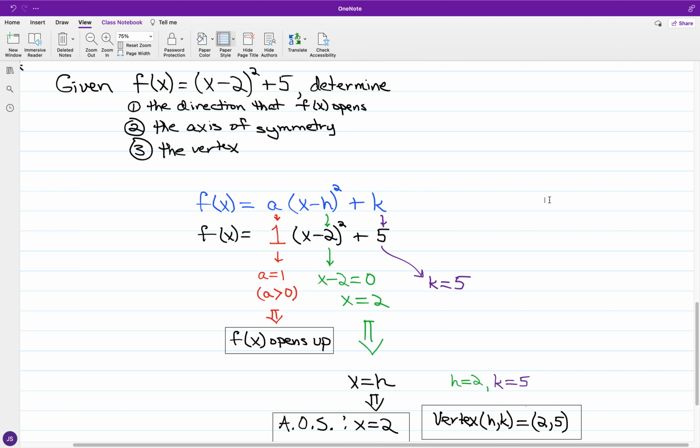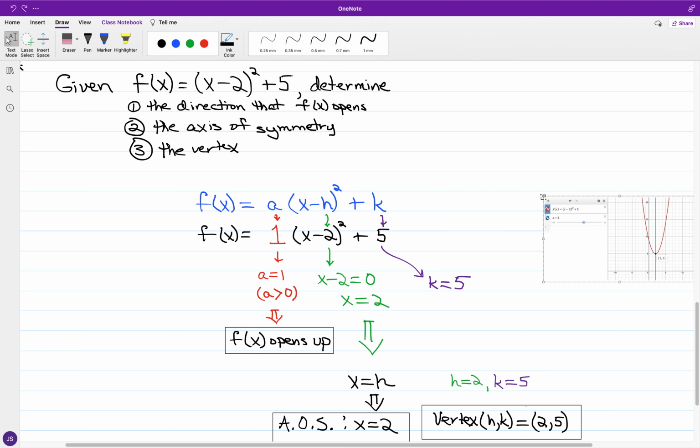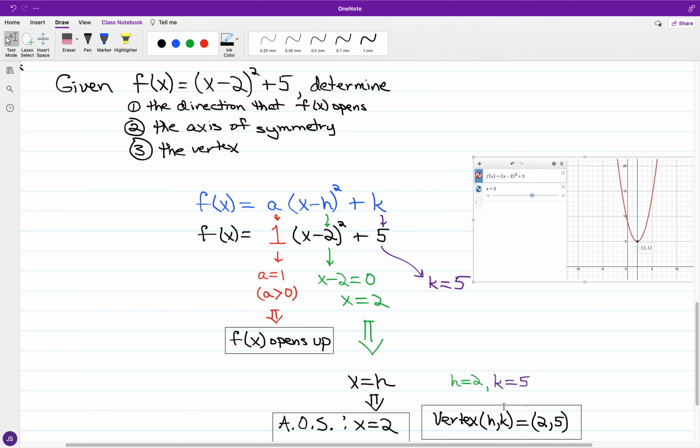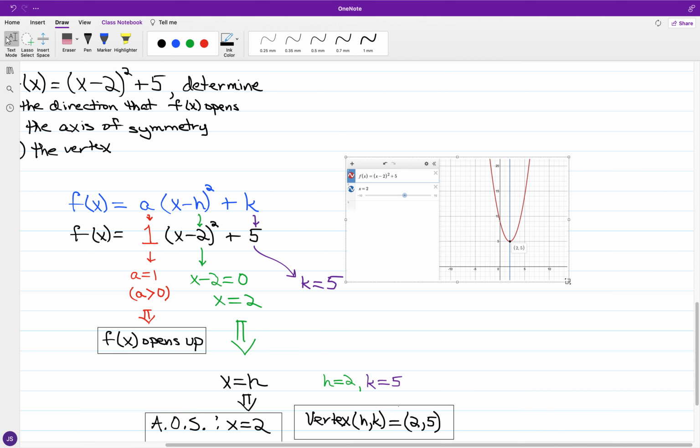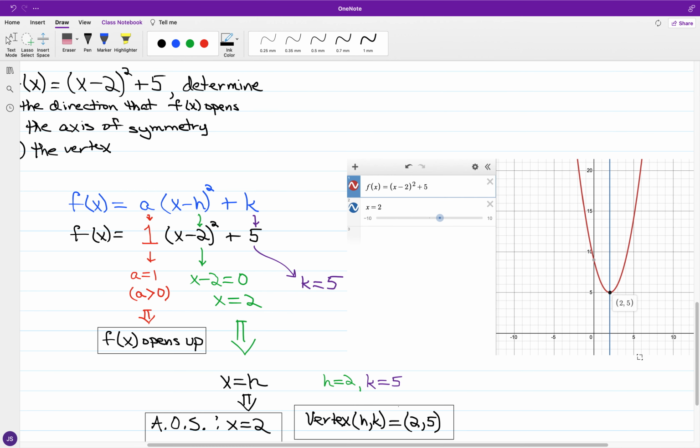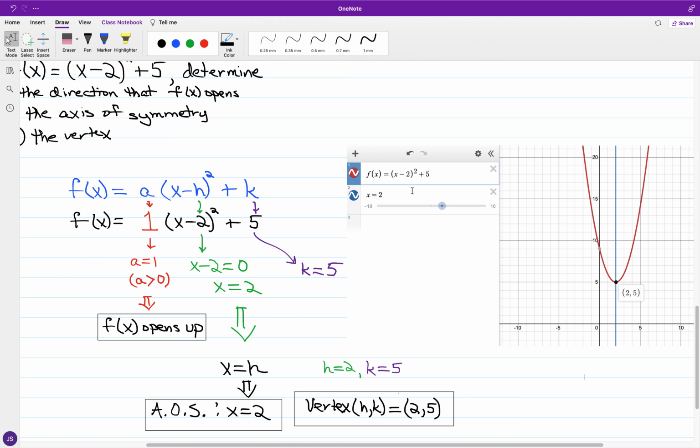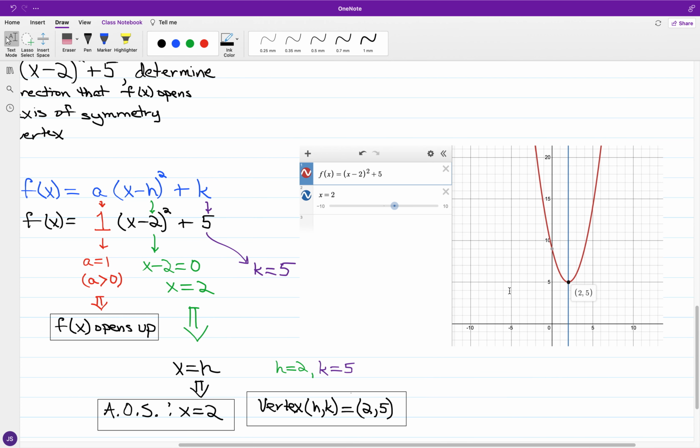Just looking at what we have, if you notice, we have f of x is equal to the square of x minus 2, followed by the addition of 5.